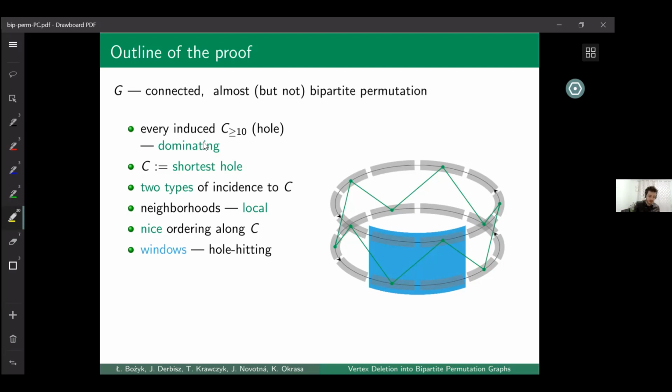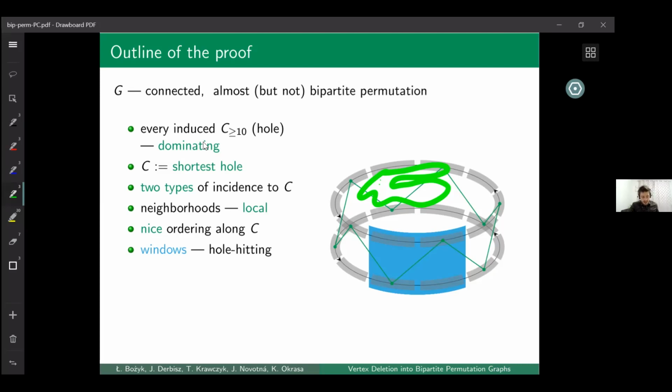So there is no long hole connected, looking like this, for example, because we proved that after removing a part of our graph, what we get outside has these adjacency and closure properties, so it's a bipartite permutation graph, so it's hole free.